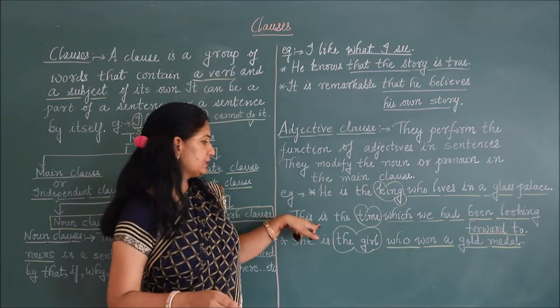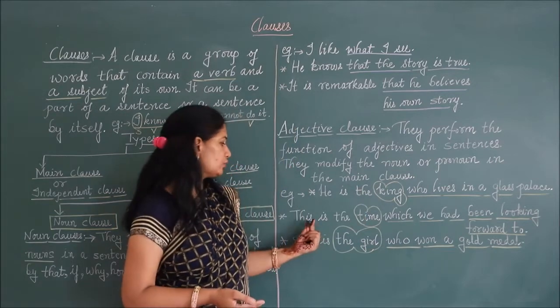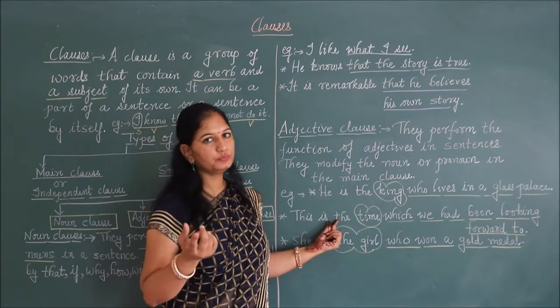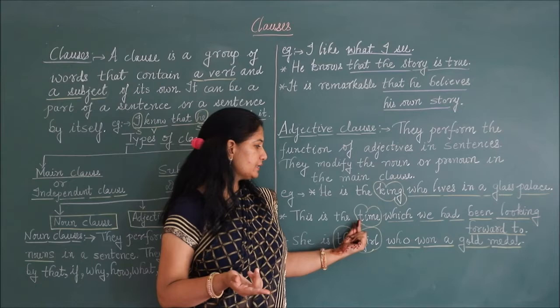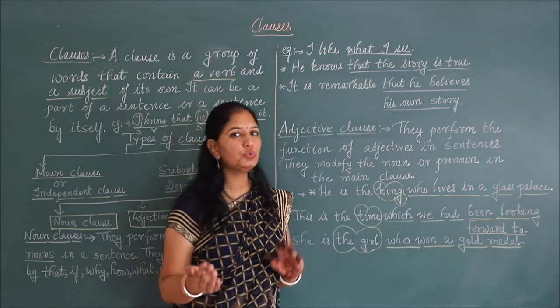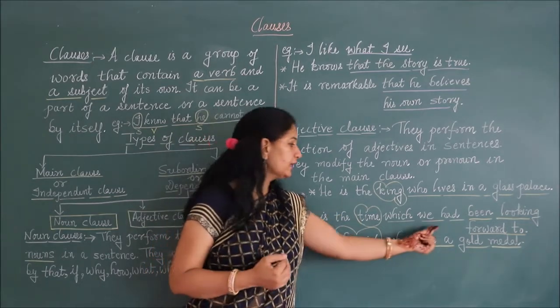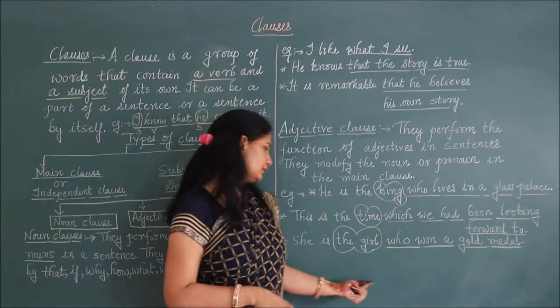Next example, this is the time which we had been looking forward to. So this is the time. Again it is a clause, and time is a noun, and this clause, which we had been looking forward to, is describing the noun time. That's why again this clause becomes an adjective clause.